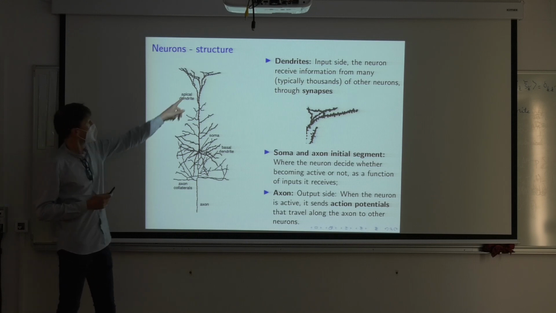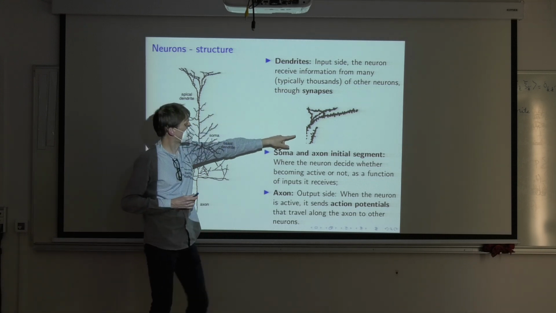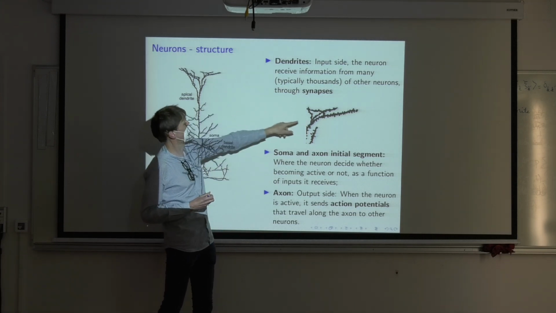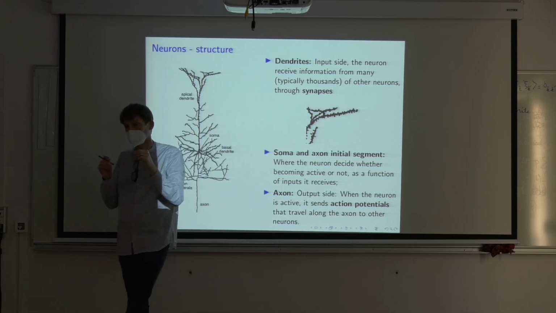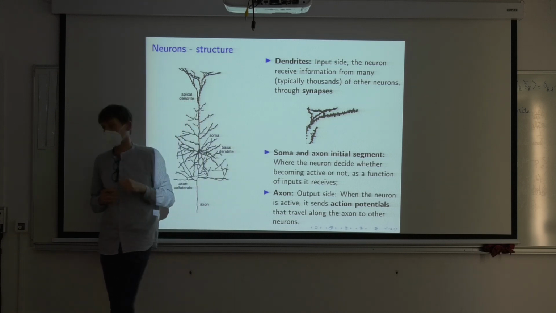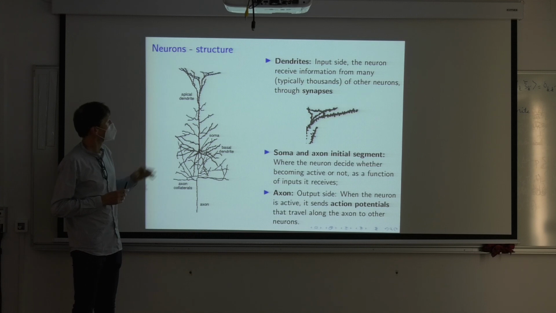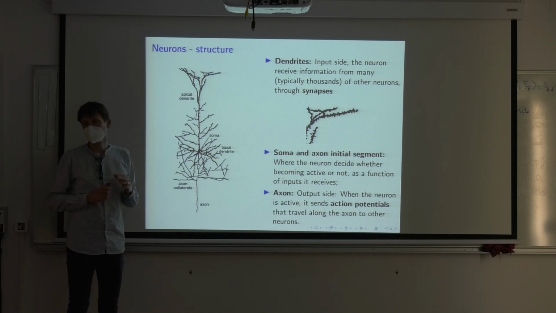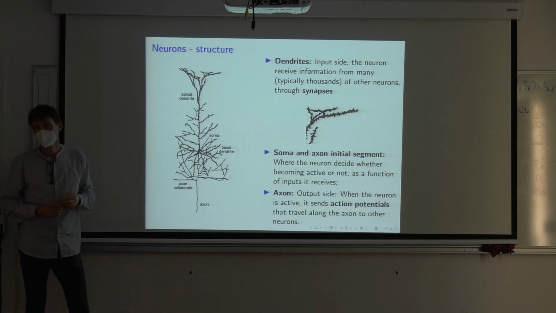This is a zoom of one of these dendrites. You see that there are lots of little spines coming out of the dendrite, and that's where synapses are formed. I will zoom in further later. If you count the number of these spines, you find a number of over 10,000, which is consistent with the division I made a few slides ago.